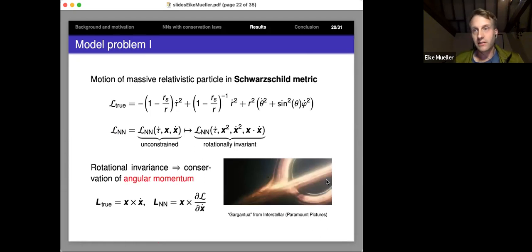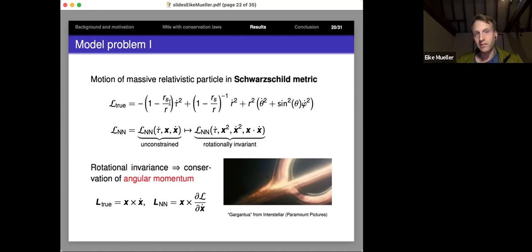So let me say a few words about the model problems. The first one is the motion of a massive relativistic particle in the Schwarzschild metric. That's the motion of a particle around a black hole without angular momentum. This is a picture from this movie. I think the black hole in the movie actually had angular momentum. But anyway, the true Lagrangian can be written like this.